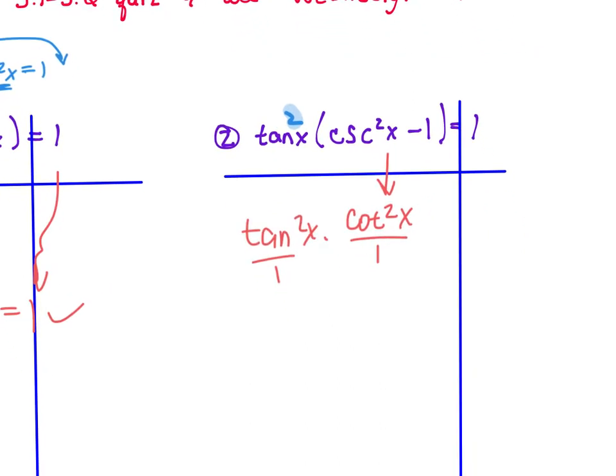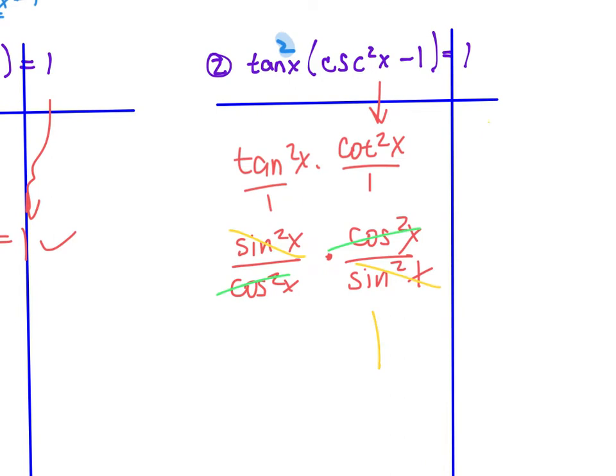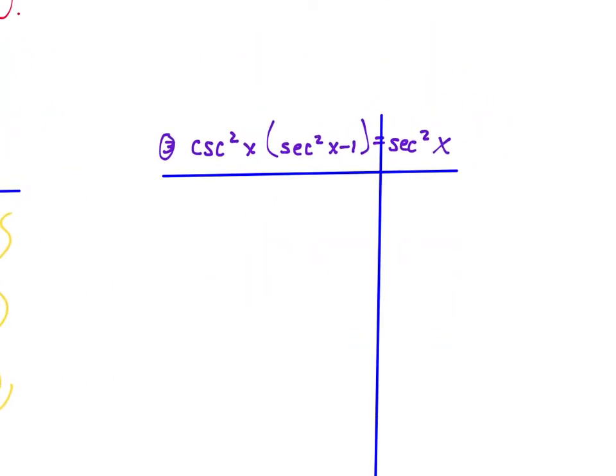You can rewrite this in terms of sine and cosine. So I have sine squared x over cosine squared x times cotangent, which is cosine squared x over sine squared x. And if you notice, your cosines will cancel out, then your sines will cancel out. You're left with 1 on this side equals 1 on this side, which is what we were looking for.